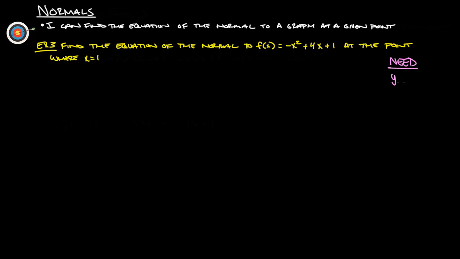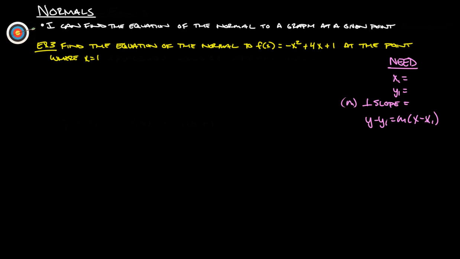We need an x1, a y1, and also a slope. But now this is a perpendicular slope, so that's a little bit different. That perpendicular slope is going to be our m value in y minus y1 equals m times x minus x1, our point slope formula.